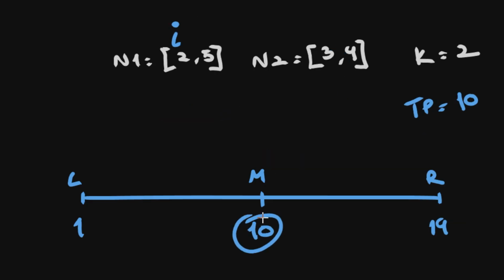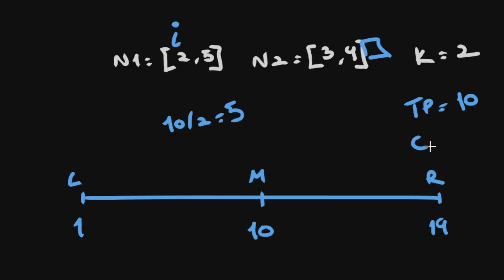Now the midpoint is here and the target product is 10, and we iterate this from left to right. So now we are looking for 10 divided by 2. So we are looking for 5. And if we run a binary search with 5 here, we will get this, meaning 2.